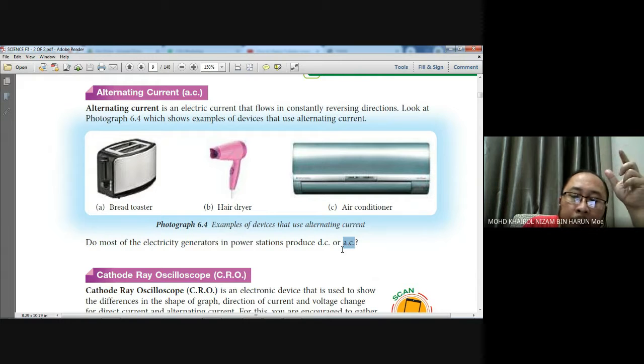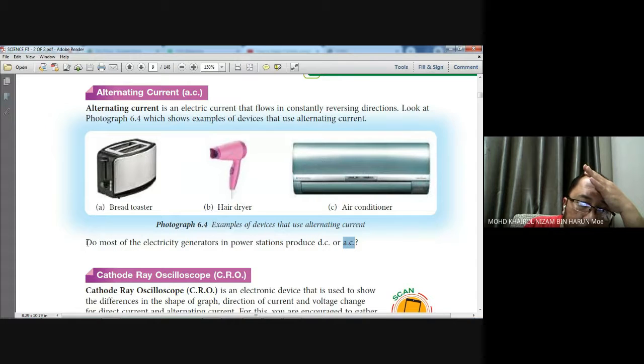But when this alternating current enters into our house, the consumer house, the current that will be used is a direct current. So from the outside current from the power station, when it enters into the house, the alternating current will be converted into the direct current.